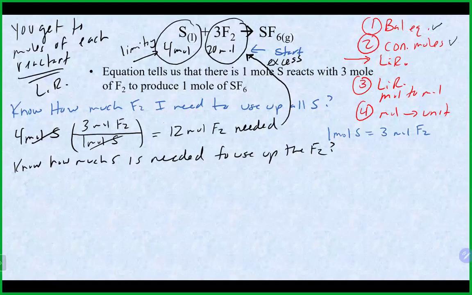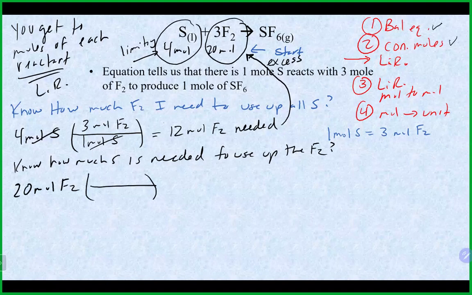So for example, in this case, we would start with our 20 moles of fluorine. We would use our same relationship, just flipped around. So 3 moles of fluorine on the bottom, 1 mole of sulfur up on top. And that would get us here, 20 divided by 3, 6.67 moles of sulfur is needed.